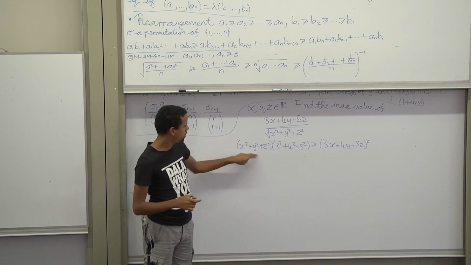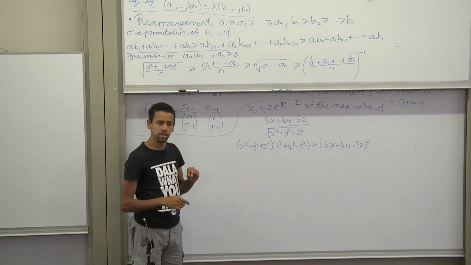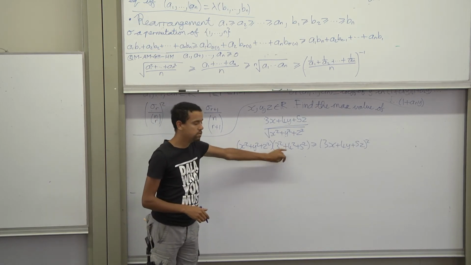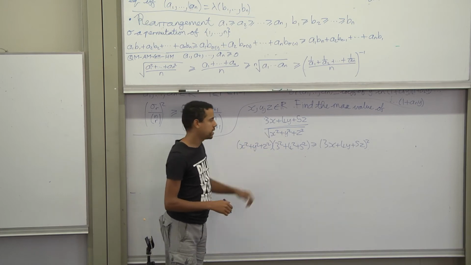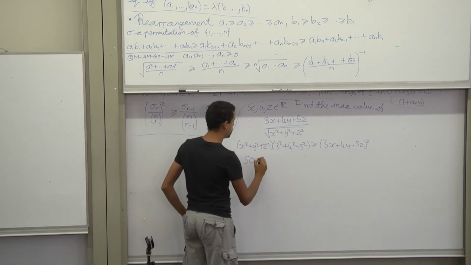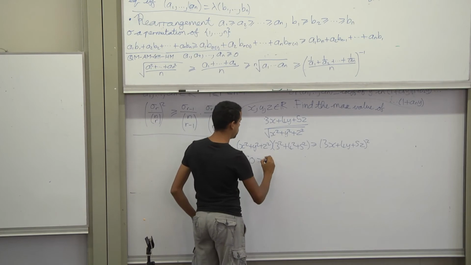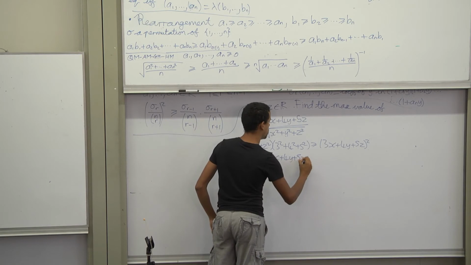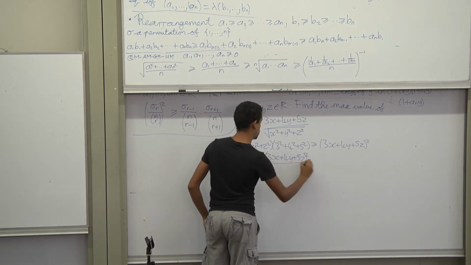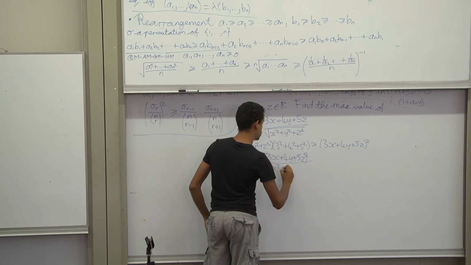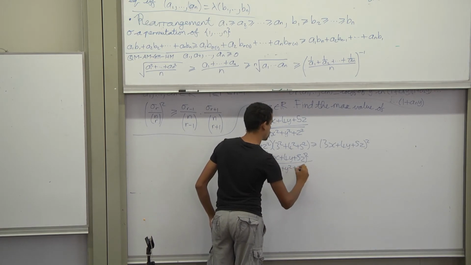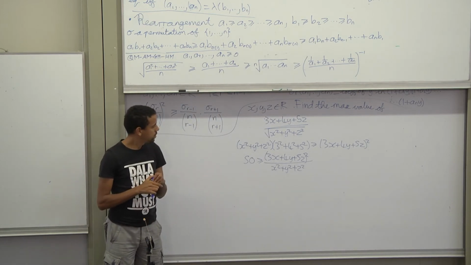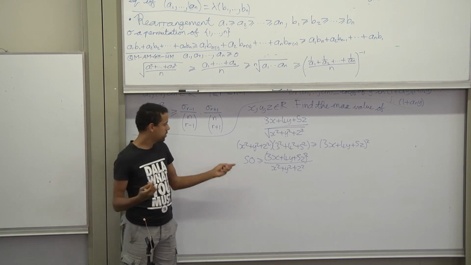So let's divide by this sum of squares to get it at the bottom like we wanted. On the left hand side we'll have 3 squared plus 4 squared plus 5 squared, which is 50. Now we can take the square root of each side.